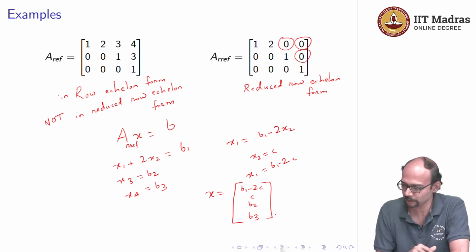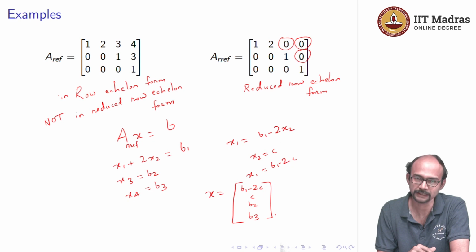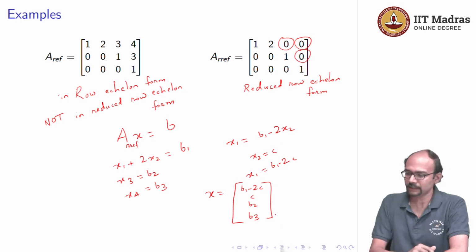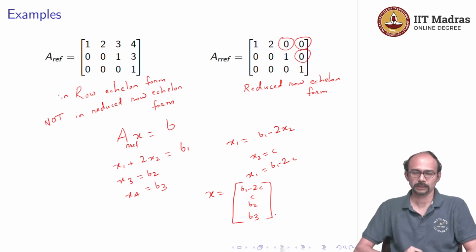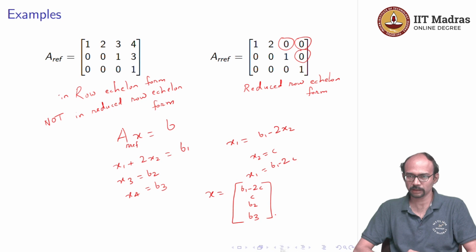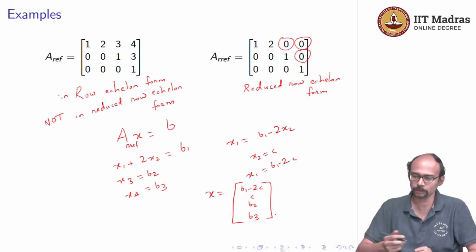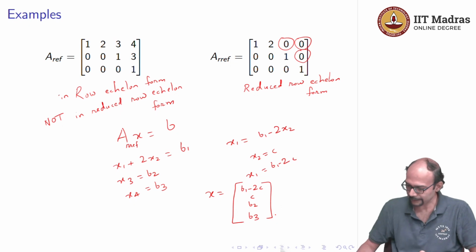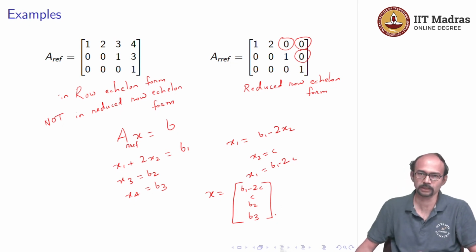If you take c to be 5, let us say, then your solution will be (b1 minus 10, 5, b2, b3). So, you can see that I can read off solutions for these matrices in this way, and not just some solutions, we can in fact read off all solutions, right. This is the only way we can get solutions for these matrices, and this is the use of the row echelon form or the reduced row echelon form.